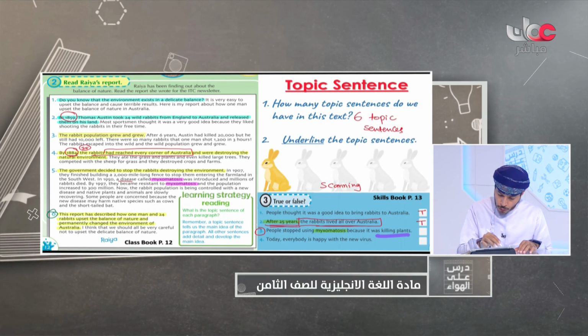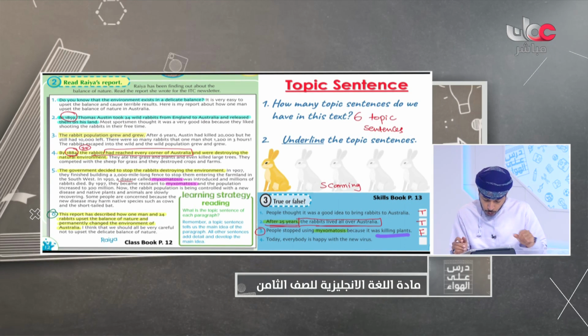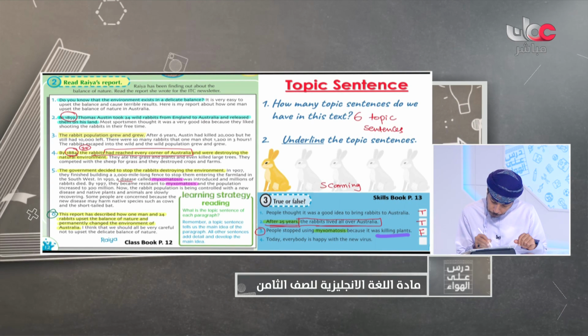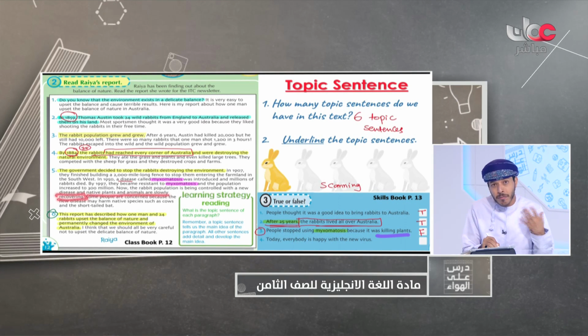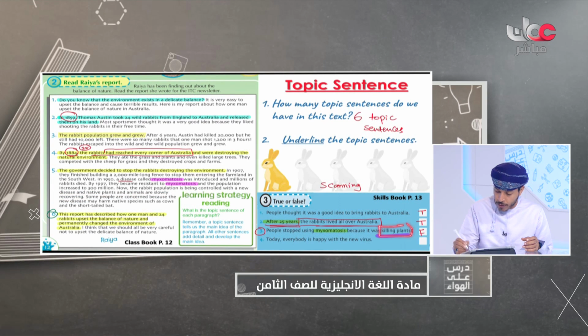So the answer for this one is false. And if we move forward, native plants and animals are slowly recovering. So it recovers plants and animals. It doesn't kill plants. So the answer is false.